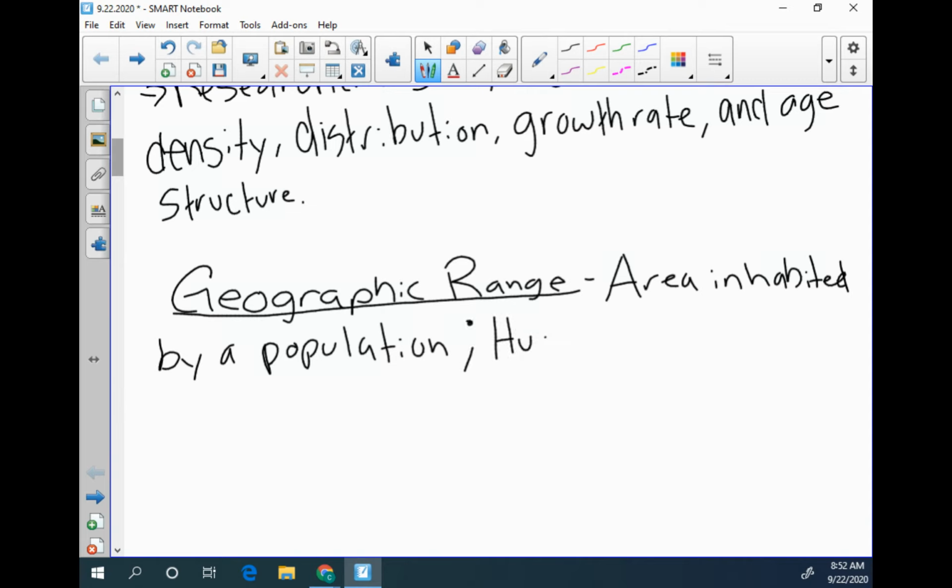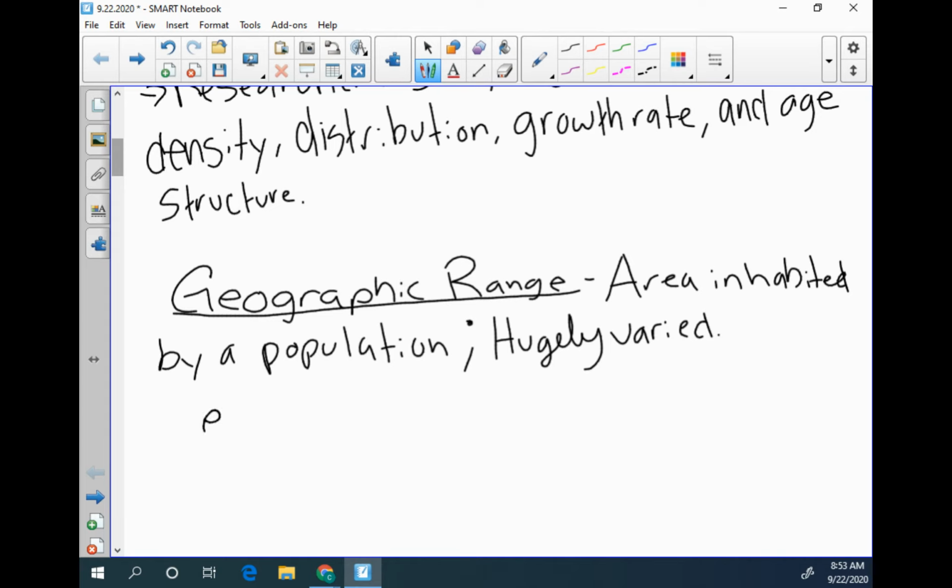This is hugely varied. We could talk about the human population in this classroom, in the building, in the county, in the state, in the country, on the planet. We can go from very small to very large.